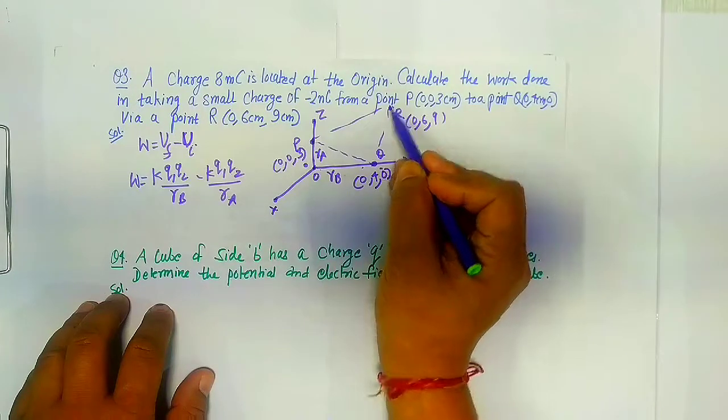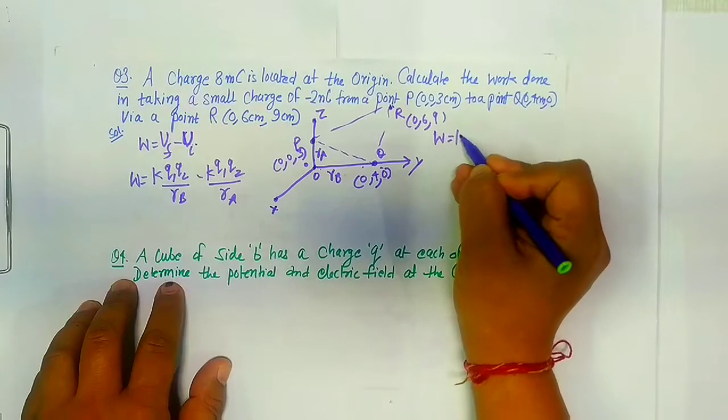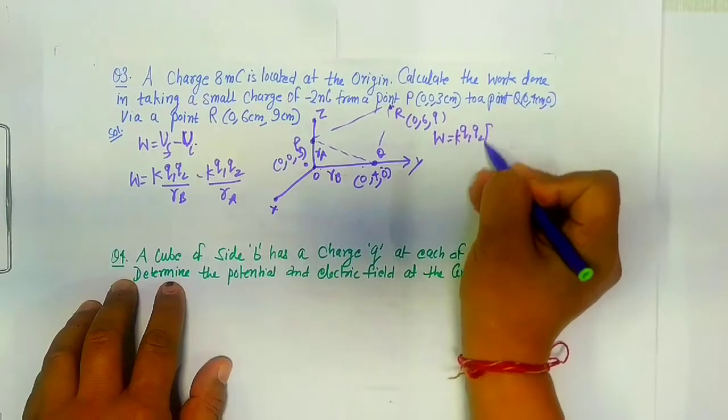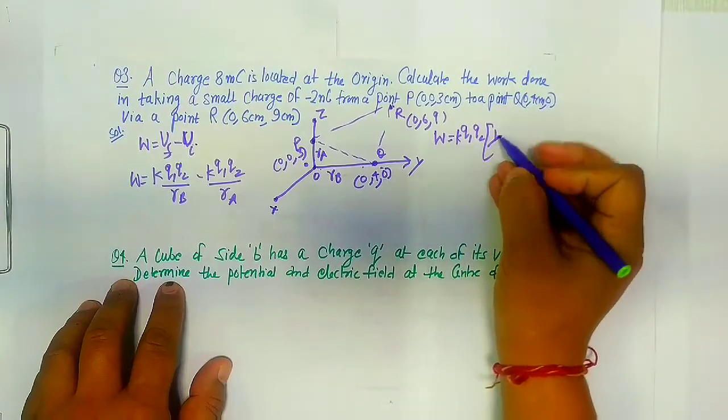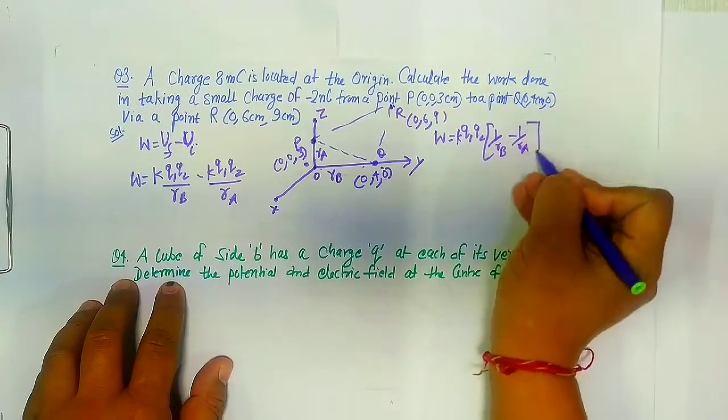It doesn't depend on this point R because it's a conservative force. So finally we can write K Q1 Q2 in bracket 1 upon RB minus 1 upon RA. So we have to solve it.